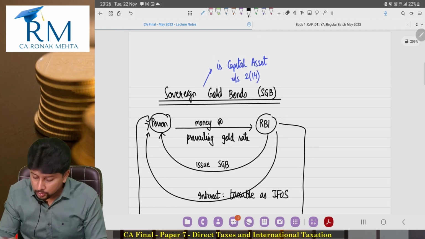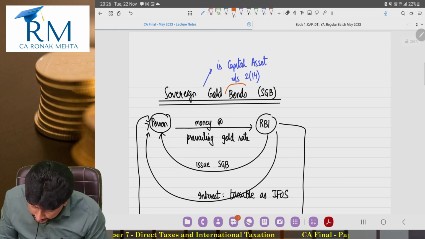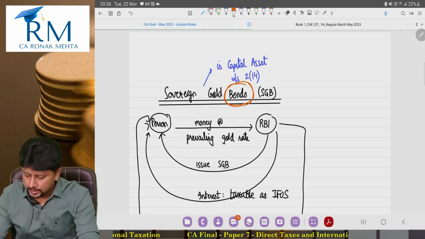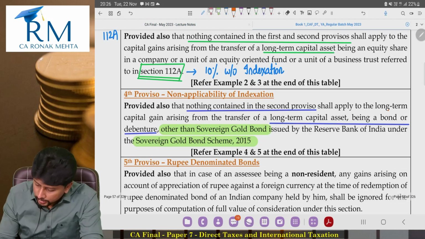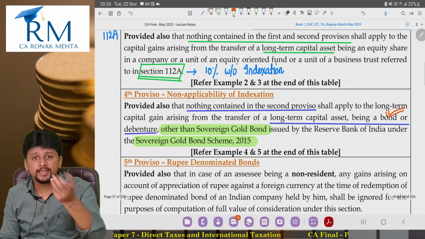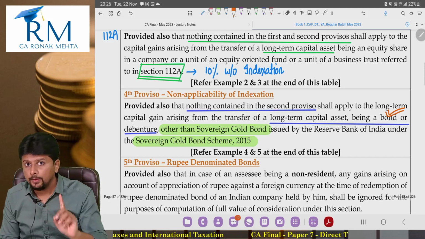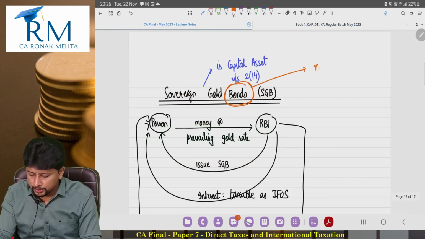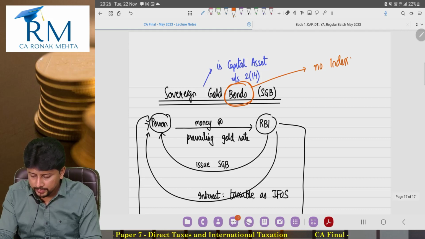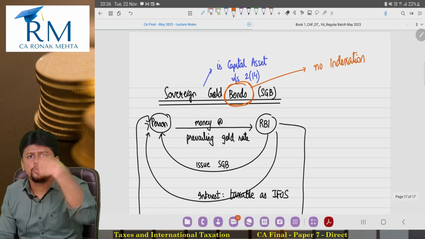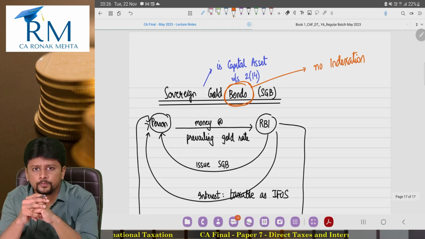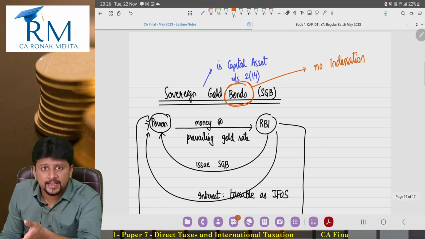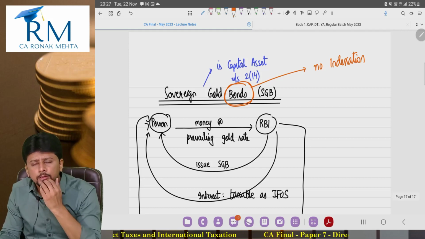And sovereign gold bond at the end of the day is a bond. And we studied just now that if it is a bond, the indexation benefit will not apply. Now, if you say that because it's a bond, no indexation benefit will be given to you, nobody will be ready to buy the sovereign gold bonds, because everybody will say, okay, yaar, if you are not giving me indexation, then what is the incentive?